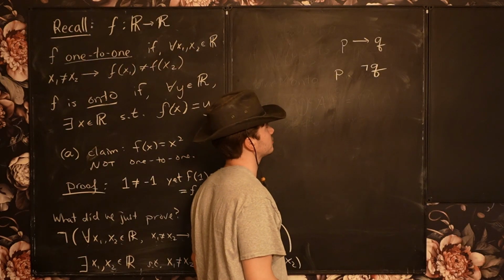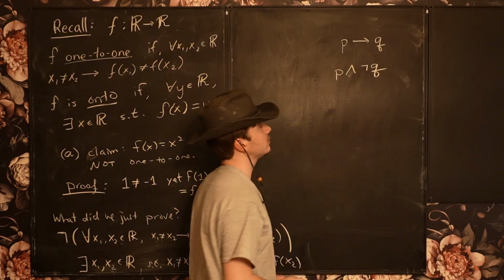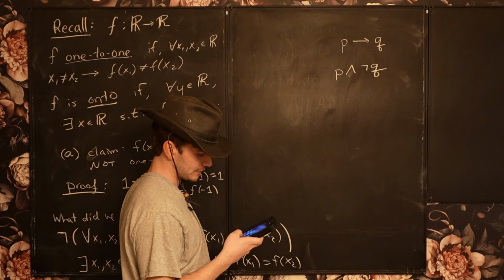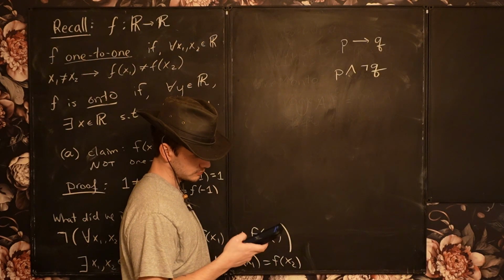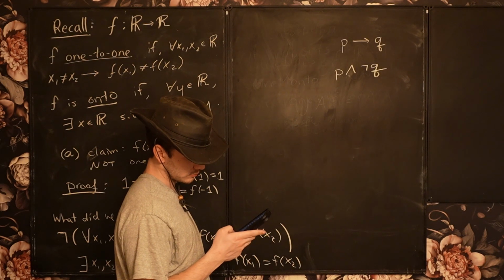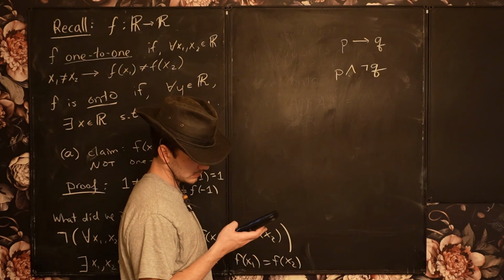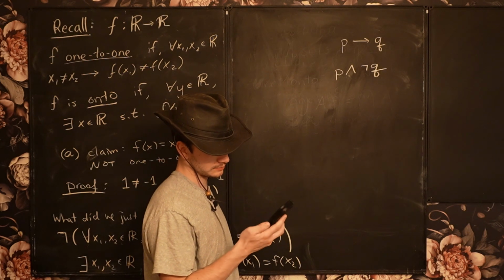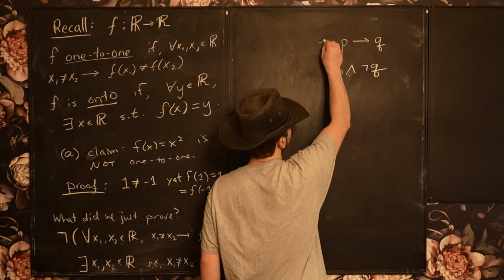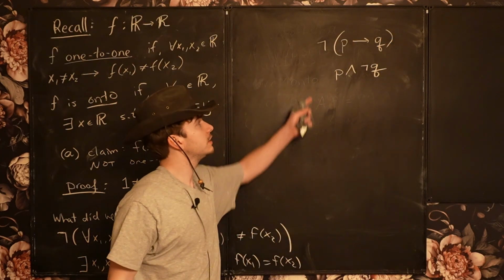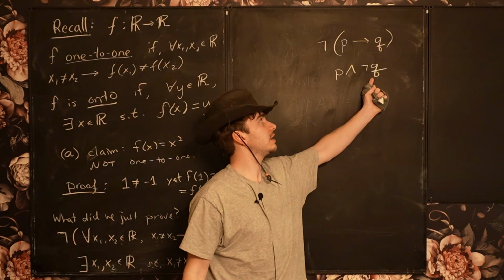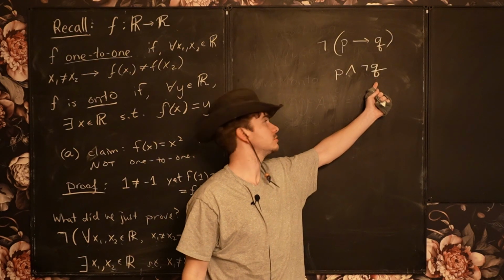And then I believe the and symbol is this symbol. Let me look it up for y'all so I don't get it wrong. That is correct. Okay, great. So the negation of P implies Q is just demonstrating a P that's true and a Q that's false, okay?